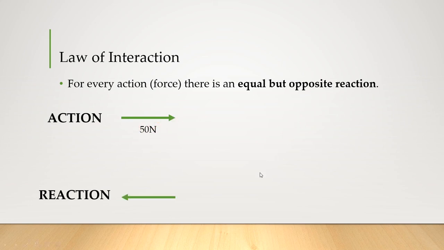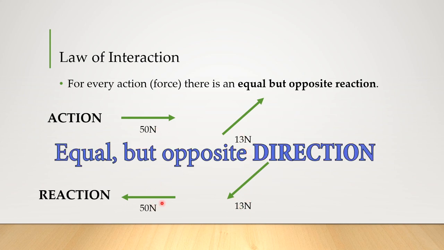The reaction is like this. It's also 50 newtons pero in the opposite direction. Another one, a force of 13 newtons going in that direction. What would be the reaction? It would be like this. Ayan o. Papunta doon, pero 13 newtons. Equal, but opposite reaction.